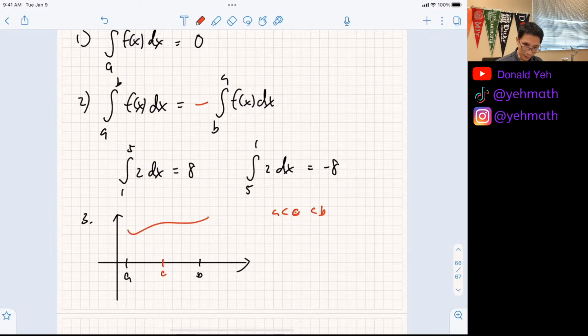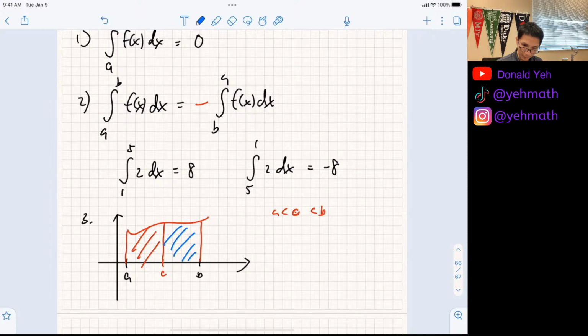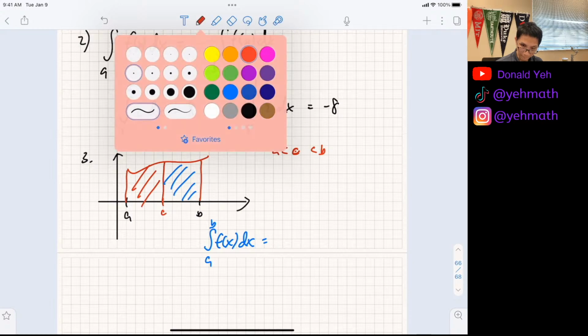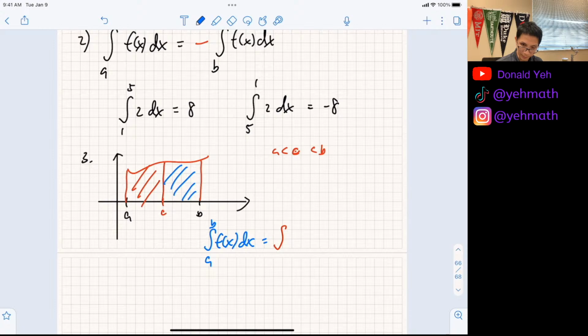So if I have an area like this, the integral from a to b of f of x is equal to 2 separate integrals. What do you think those separate integrals are?